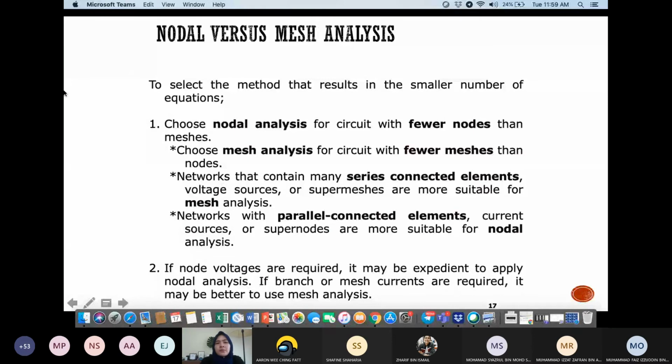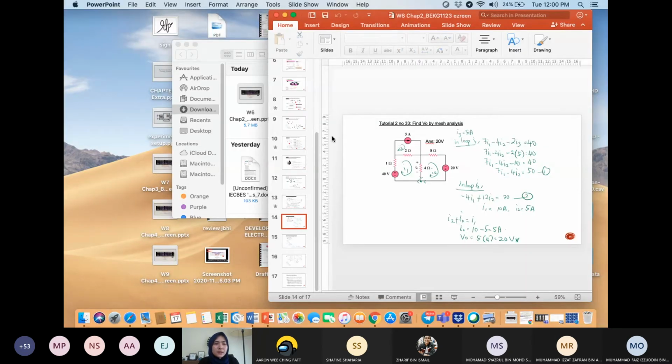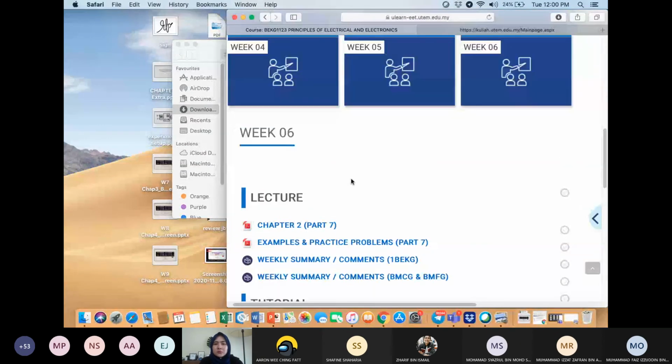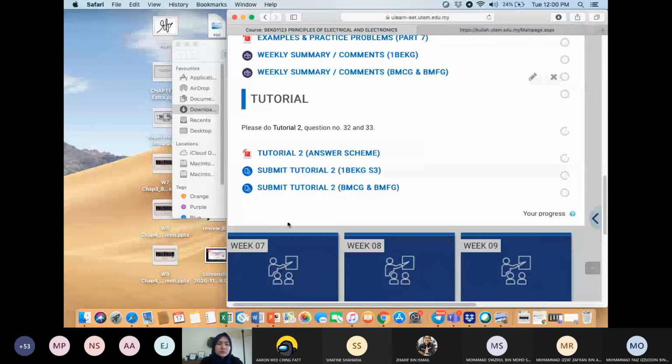On Thursday we'll start. Now we have finished the electrical part. From this Thursday until week 14, we will cover the electronics part. The notes are already uploaded in ULearn for week 7. This is chapter 3 and this is tutorial 3.